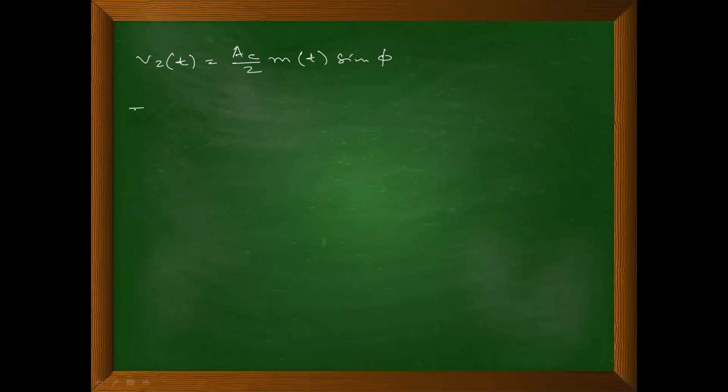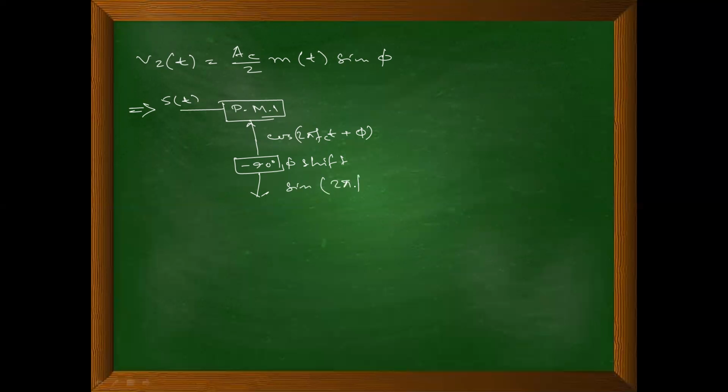So see, we have two equations, two product modulators. This is product modulator 1, and this is S(t). This is cos(2 pi fc t plus phi), and after the minus 90 degree phase shift, it will become sin(2 pi fc t plus phi), and this is product modulator 2.